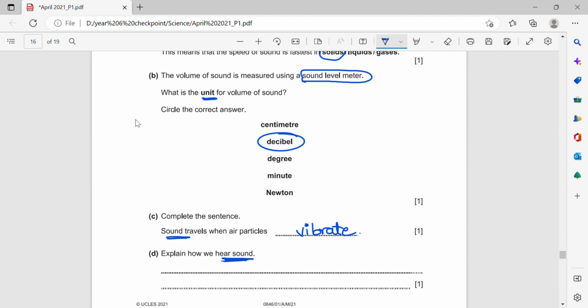They travel to the ear. That's how we hear sound. The particles vibrate, so the sound waves travel to the ear.